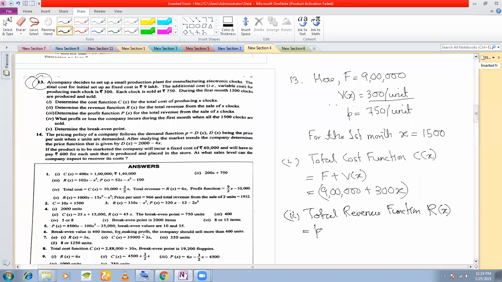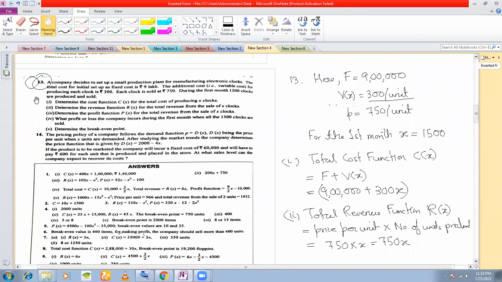Price per unit into number of units produced. Price per unit is how much? 750. And how many units are you producing? X. So 750x. That's it. So this is the revenue function, R of x.